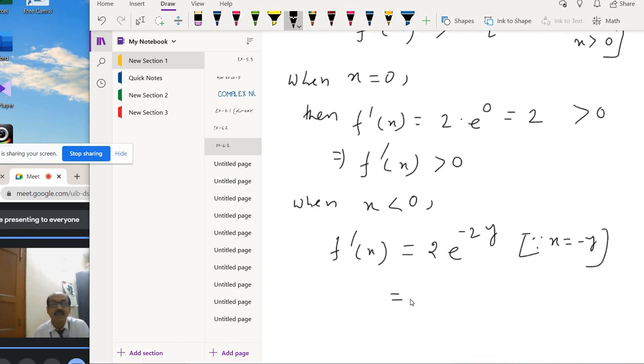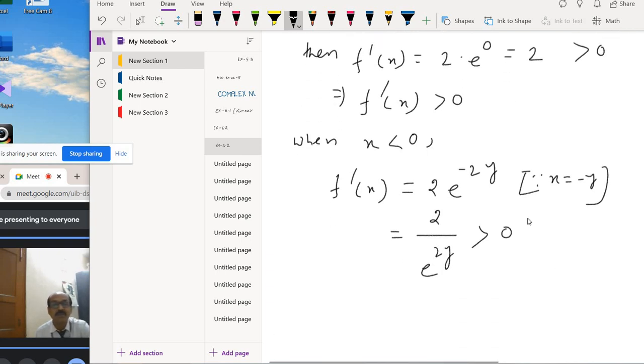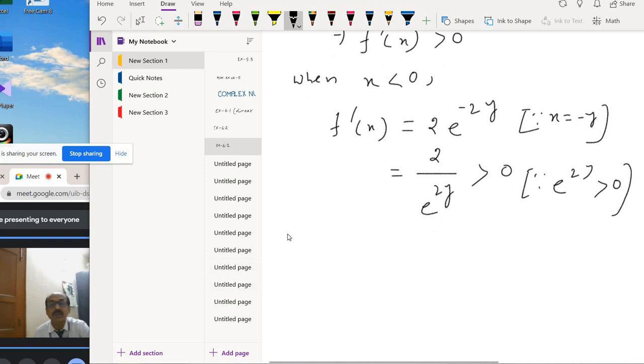Now we can write this equal to 2 e to the power minus 2y, which means 2 by e to the power 2y. E to the power 2y is always positive, since e to the power 2y is greater than 0. So this implies f dash x greater than 0.